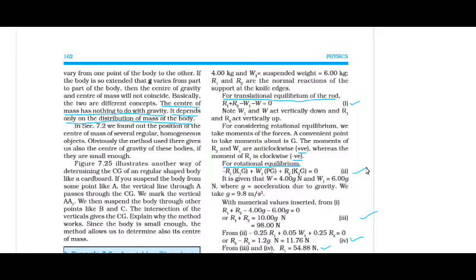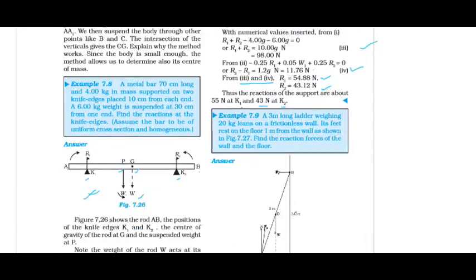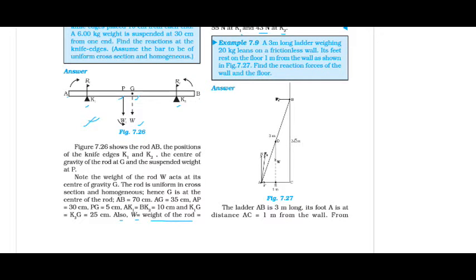Take the anti-clockwise moment as positive and clockwise moment as negative. After solving these two equations, translational and rotational equilibrium, we can easily find the values.